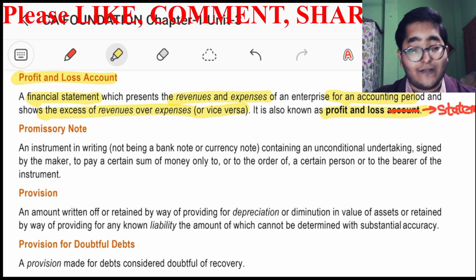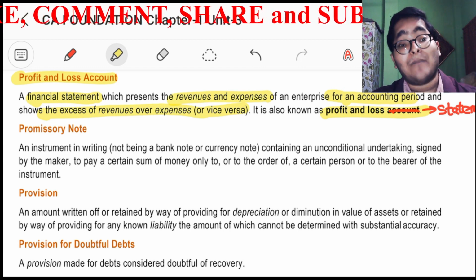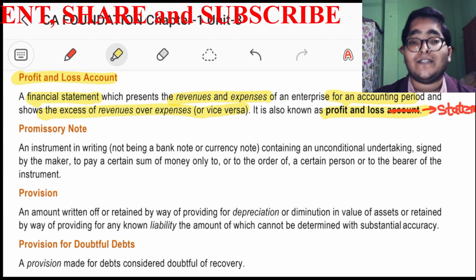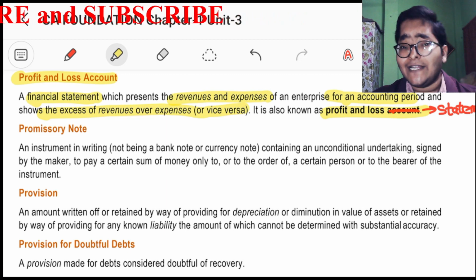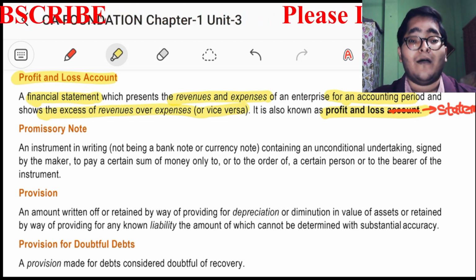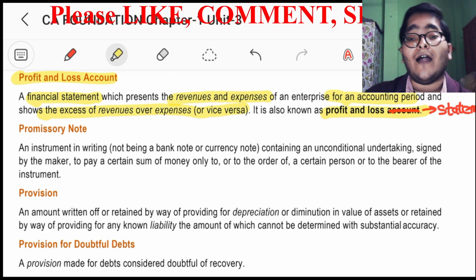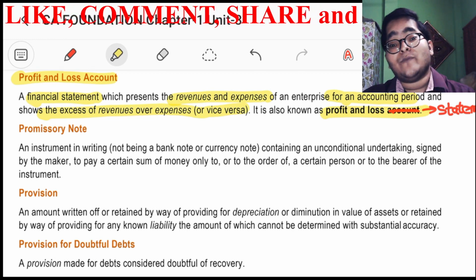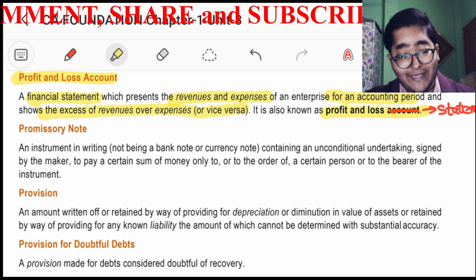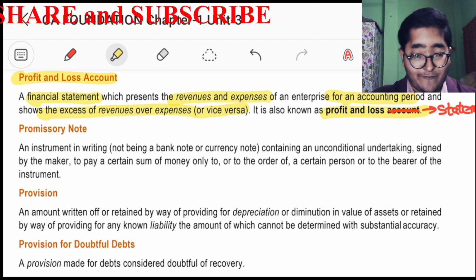There should be no condition in the payment or in fulfilling the promissory note. If there is any condition, then it would not become a promissory note. This promissory note should be unconditional. There should be an unconditional undertaking signed by the maker.